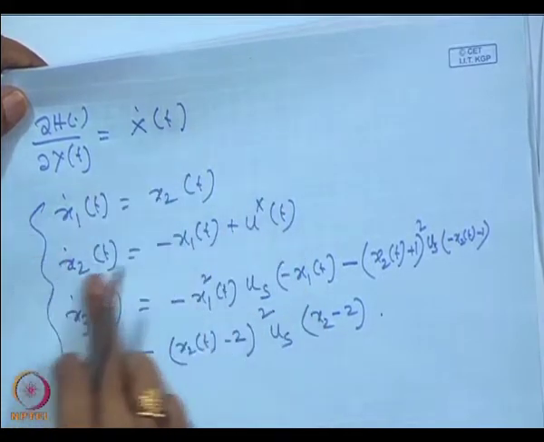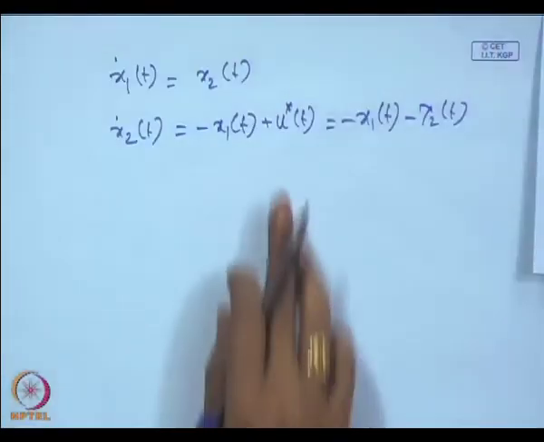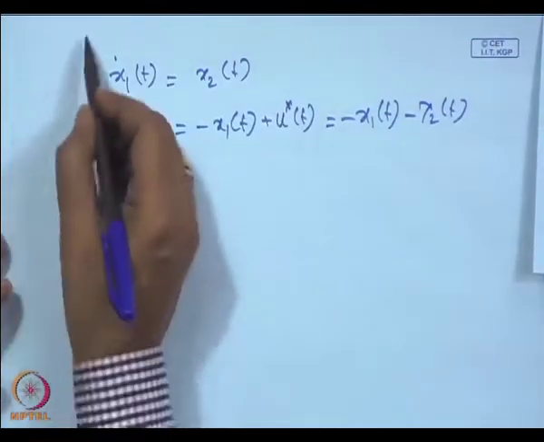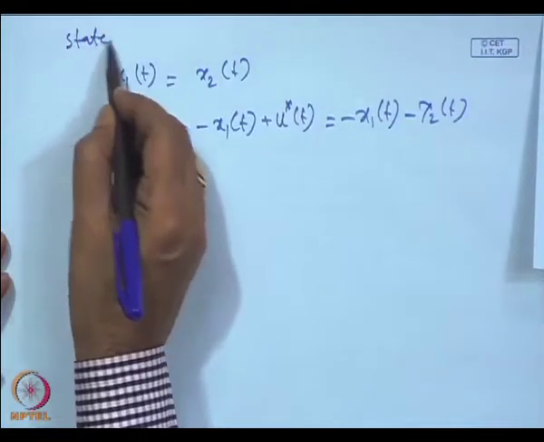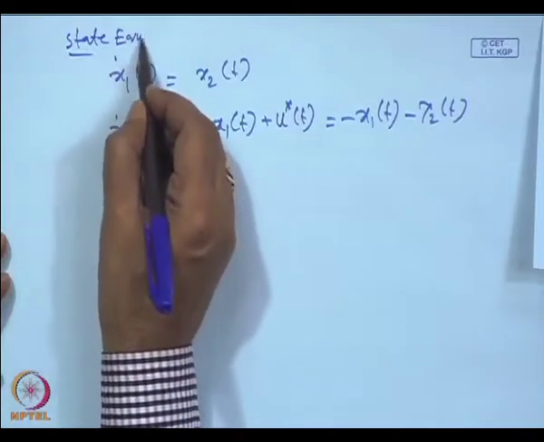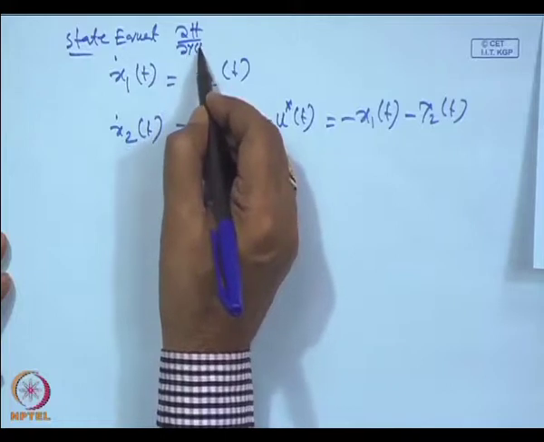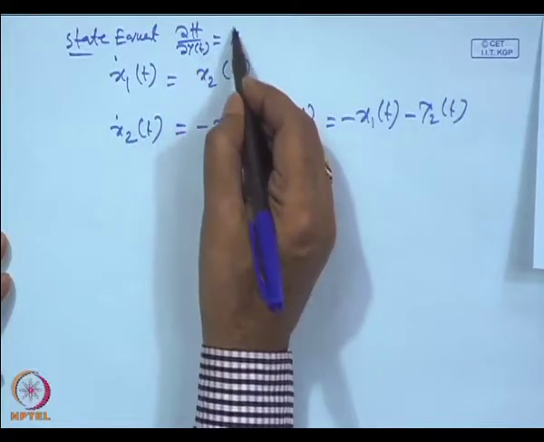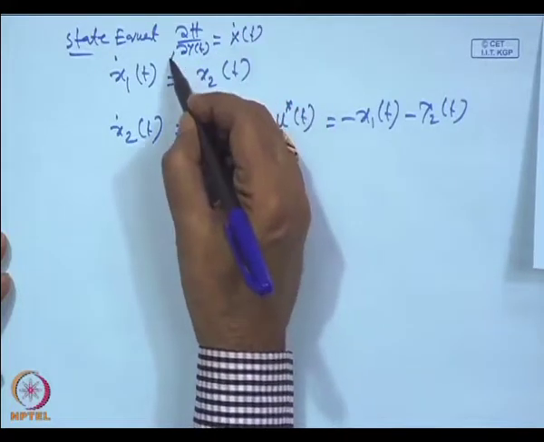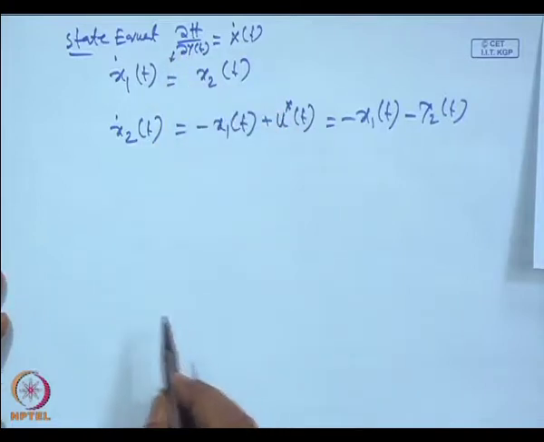So, we need only these two equations. That two equations you have to write. So, this is the state equation we got from del h del lambda of t is equal to x dot of t. From there we got it. Agree?